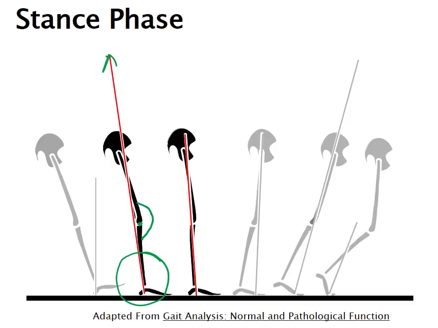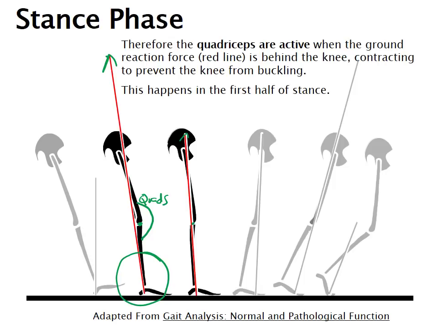So your quadriceps are active here. And in this case, what's going to happen? Well, similarly, it's slightly behind the axis of the knee joint if I drew it correctly, and there would be a very small contraction of those quadriceps there to help control the knee.